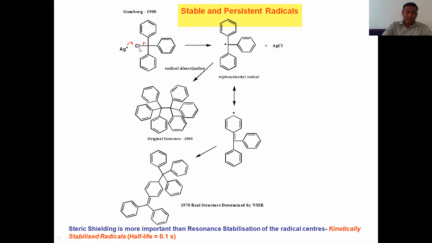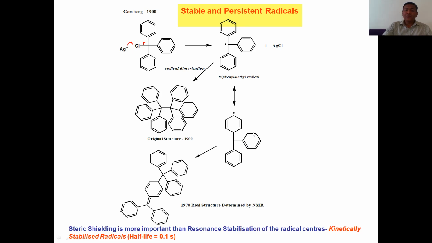Triphenyl methyl chloride reacts with silver, and this gets converted into the triphenyl methyl radical. This triphenyl methyl radical is quite stable because there are chances of resonance: the radical will go towards this ring, then this ring, then this ring.